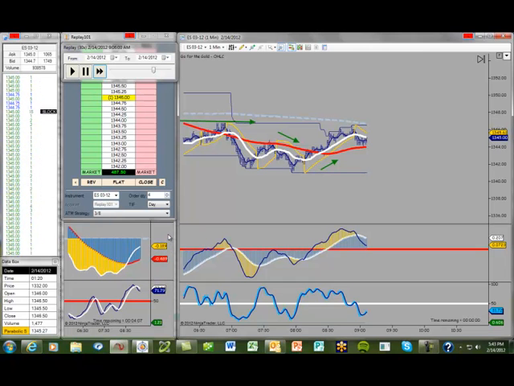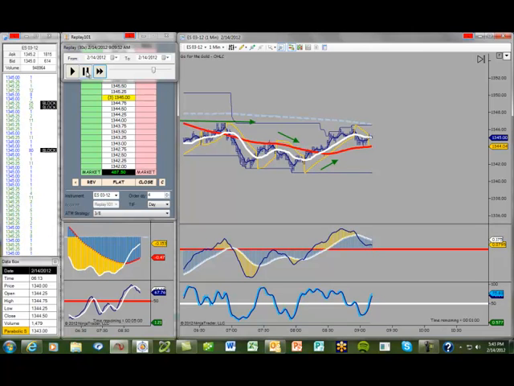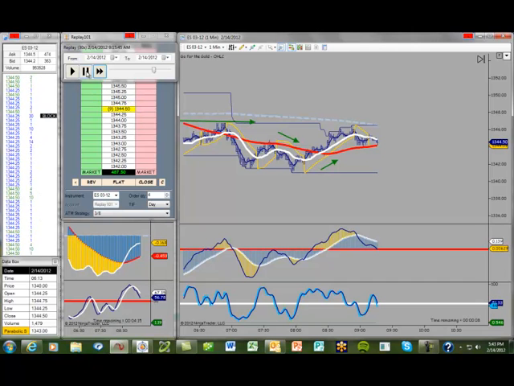Let's see what happens. Looks like it wants to turn around and go higher. Maybe not.